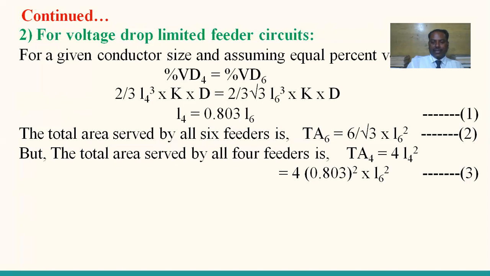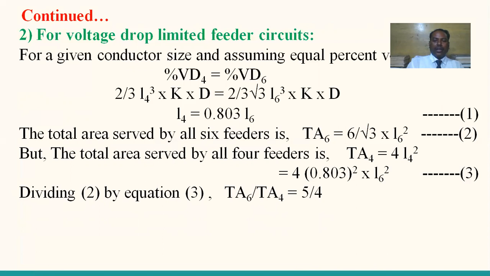This is the equation. Again, you can take the ratio of the total areas, dividing equation 2 by equation 3, TA6 by TA4, which is having pi by 4. TA6 is equal to 1.25 times of TA4.